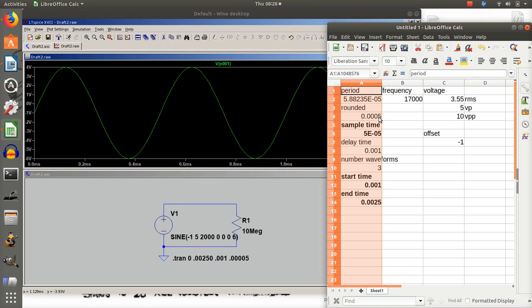If I round that, which would be convenient to do, this would become 0.0006. So I've got to move my decimal 1, 2, 3, 4, 5 times. So I need a 4th 0 and a 6 here. So that's one change if I round it.